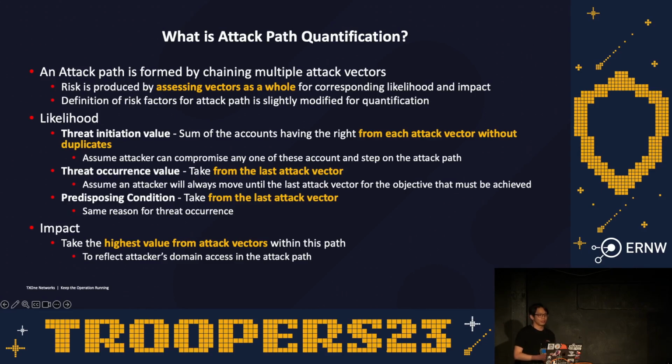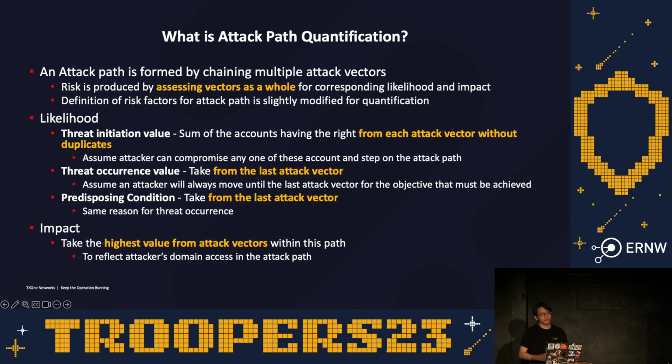For the threat occurrence value, we're assuming the attacker on this attack path will always move until the end of it. For example, first we have a local admin attack vector, second there will be a logon session, and next will be the ACL abuse. The idea is the attacker will always want to obtain the highest privilege in this domain or target something specific, let's say a database server.